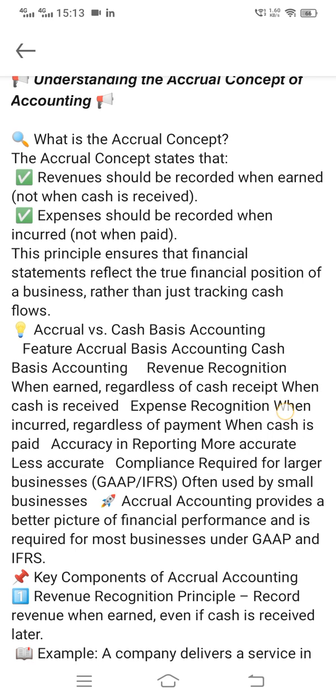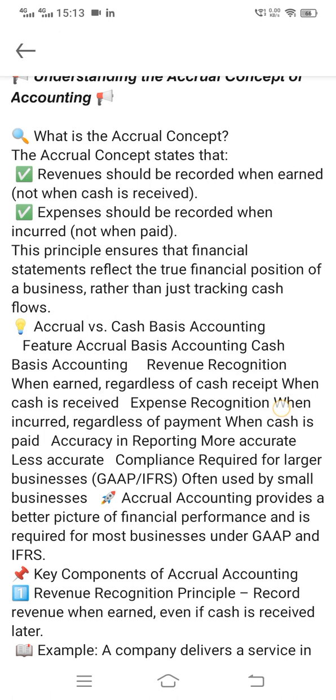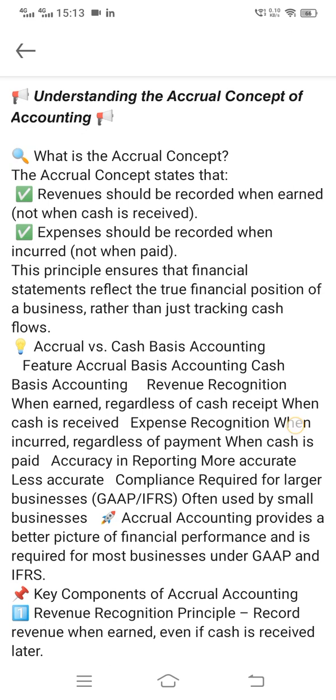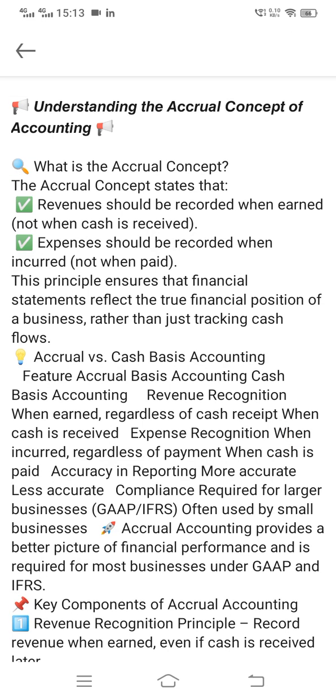Same goes for expense recognition. In the accrual concept, when an expense has been incurred, we have to record the transaction in our books of account regardless of the payment. And in cash basis, when we pay the cash, we record it at that particular point of time only.